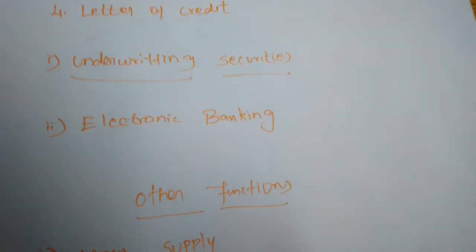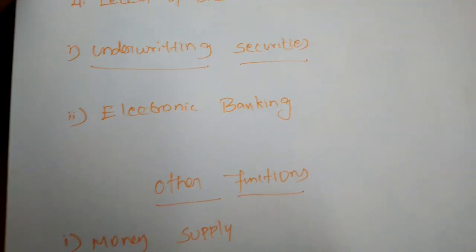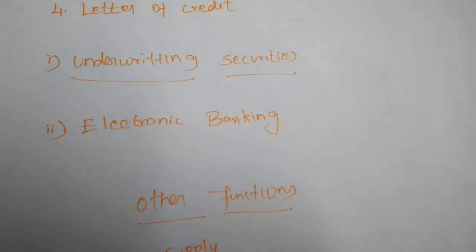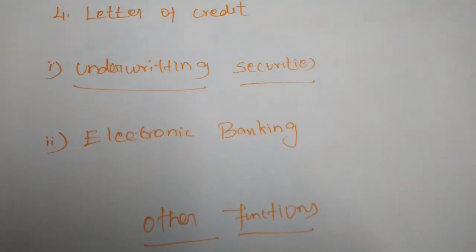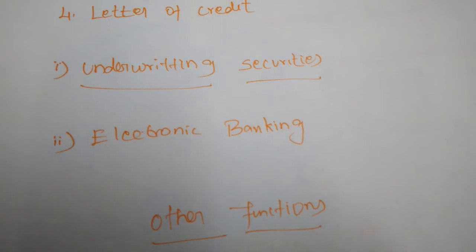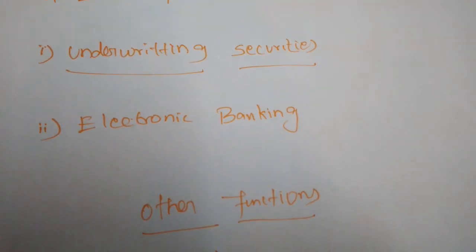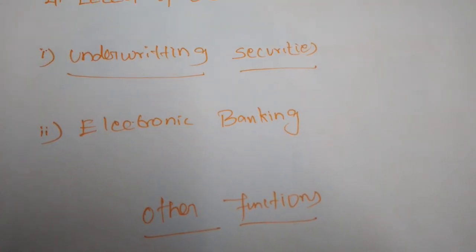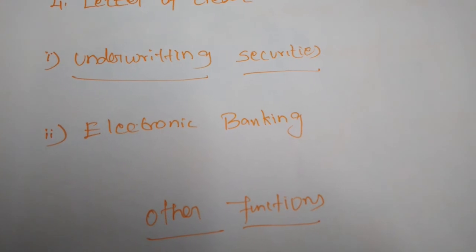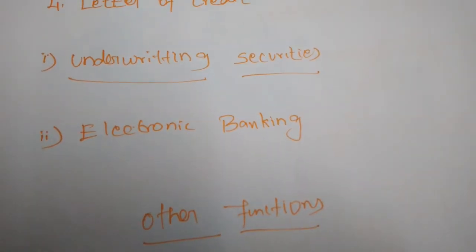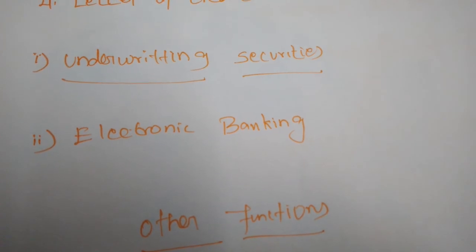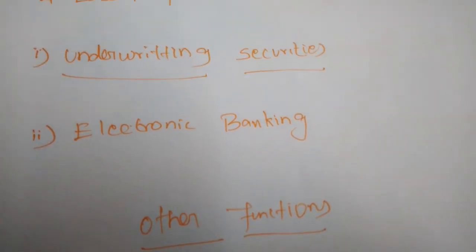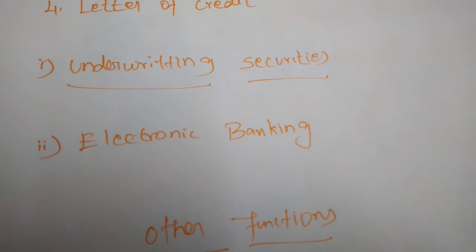Underwriting securities means issuing guarantee letters with the signature of the bank, to provide a guarantee to people. So when banks underwrite on the basis of securities, people will have confidence in the businessman or in the securities.